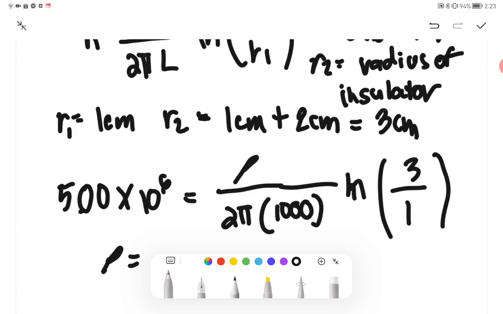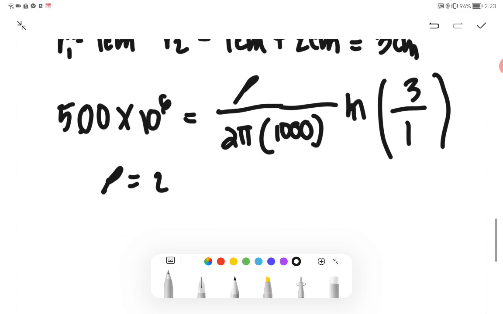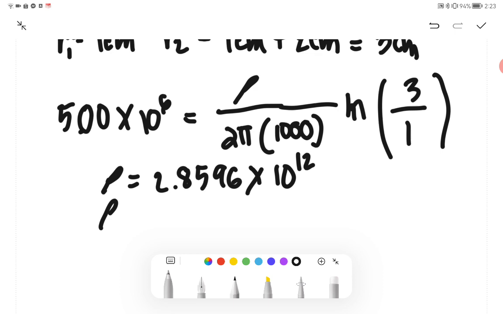If we solve, we have the value of our rho, which is 2.8596 times 10 raised to 12, which when simplified is 2.86 times 10 raised to 12.